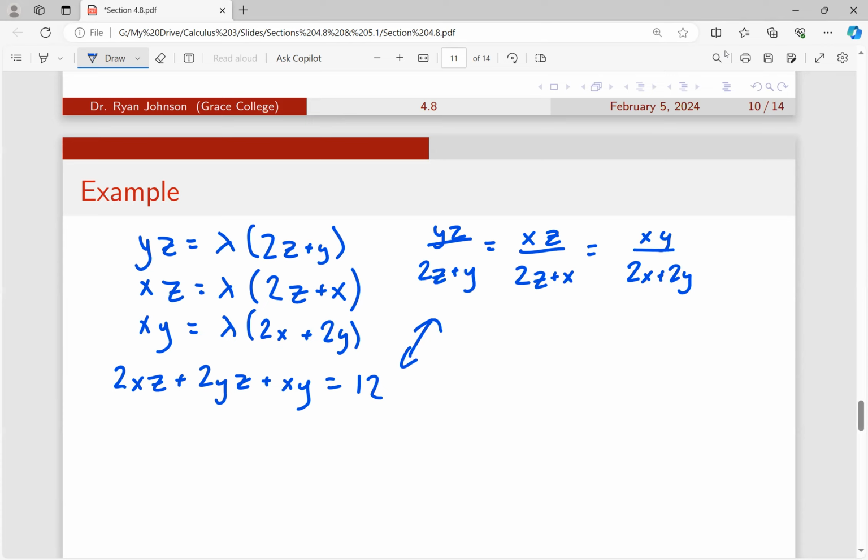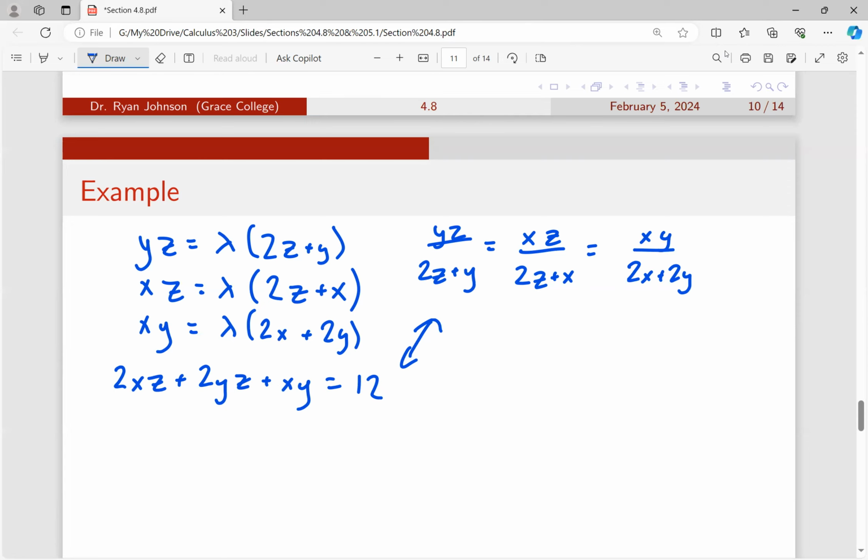Now, what is going to be the easiest way to solve this? I think one way might be to substitute for xz over here, perhaps. Maybe if I could get rid of z's, that would be good.